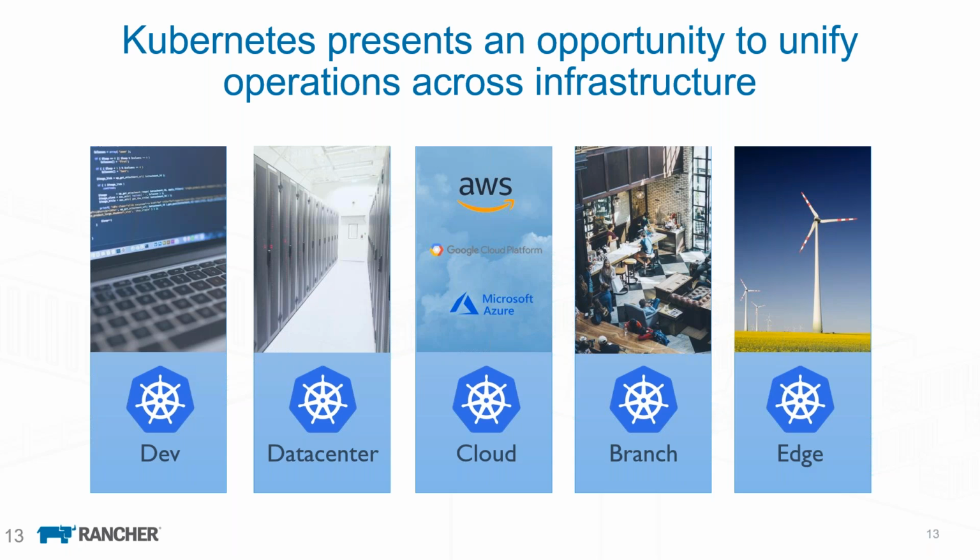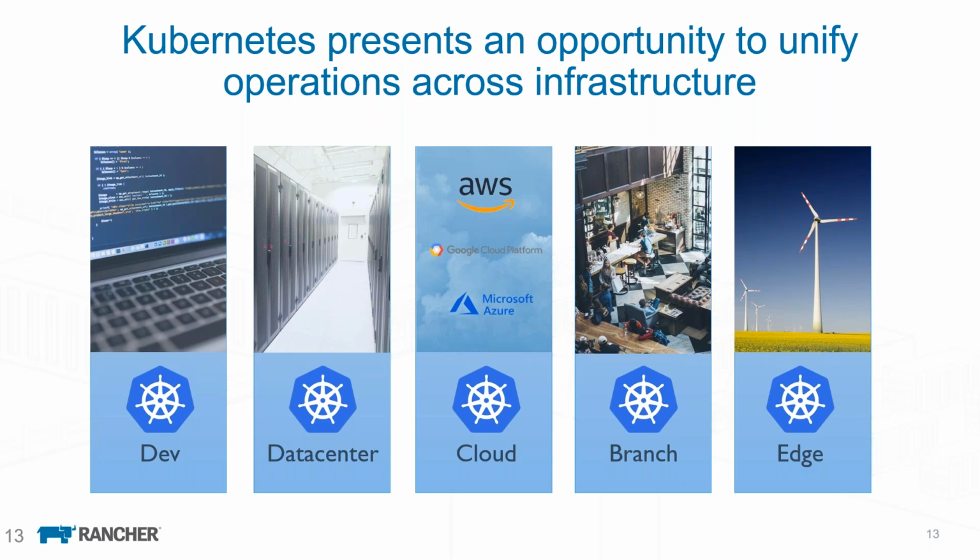So now, the interesting question is, will it penetrate to the other parts of IT, we say branch, factories and shops and retail locations. We see a lot of interest there as people want to push multiple clusters out into locations where they already run applications and services, but now want to be able to manage them more efficiently.